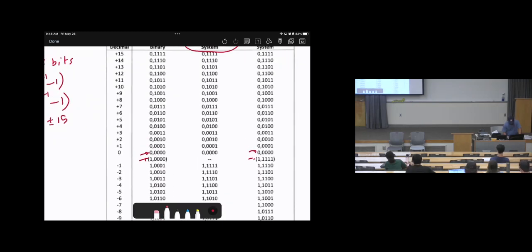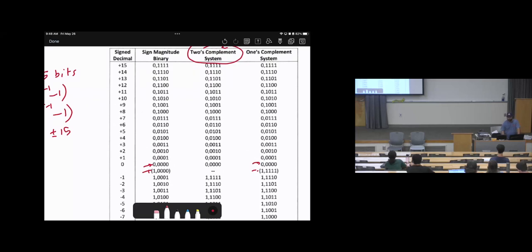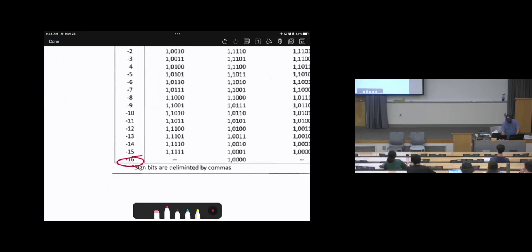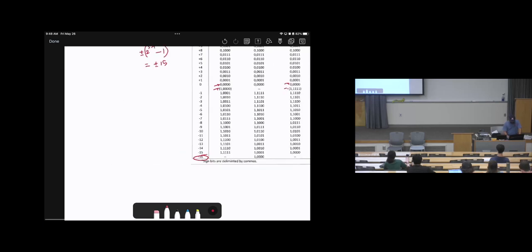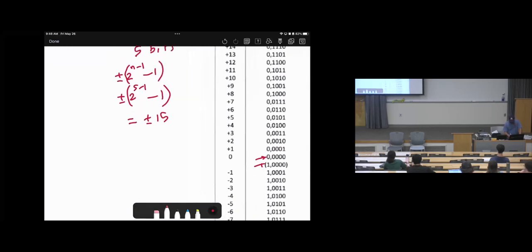But in 2's complement, we have only one representation for the 0. So since the 0 has only one representation, we can use the extra one for representing negative 16. Again, the range will be plus minus 2 power n minus 1, minus 1, and with 2's complement we will have the extra one.